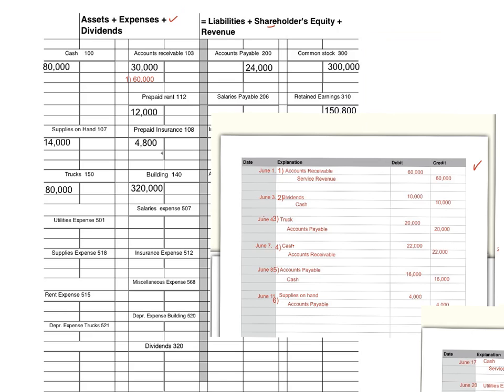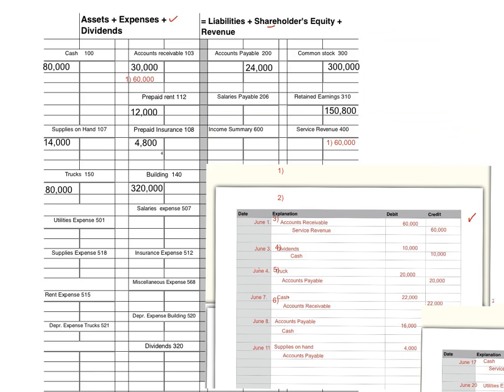That has been done. Second one is a credit to service revenue, and I go to the service revenue account, service revenue 400, and I credit it by 60,000, and that completes the posting for transaction 1.